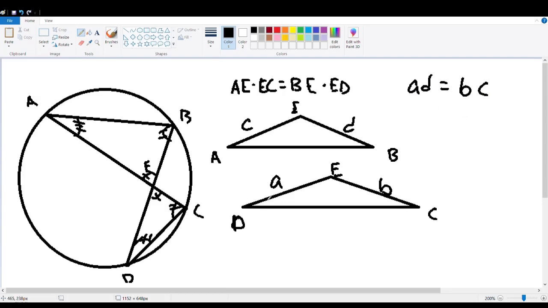Because if these angles are congruent, then it has a rule that A times D and B times C will be the same. So plugging the numbers in, we'll find that AE times EC will be equal to BE times ED, which proves the first power of the point problem.